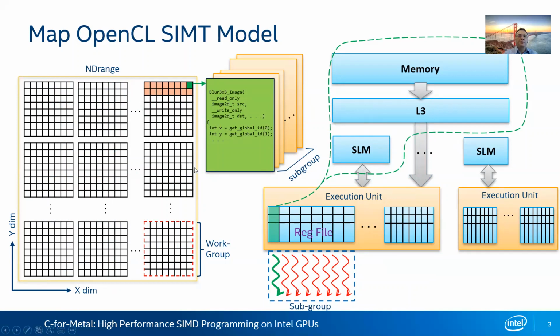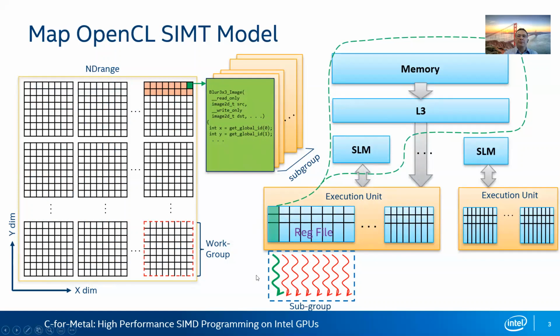ND range is further decomposed into work groups. They can be launched onto one compute unit to be executed. Users write scalar code for one work item. The users or the compiler may decide to pack multiple work items into one subgroup that can be launched to be executed by one hardware thread.